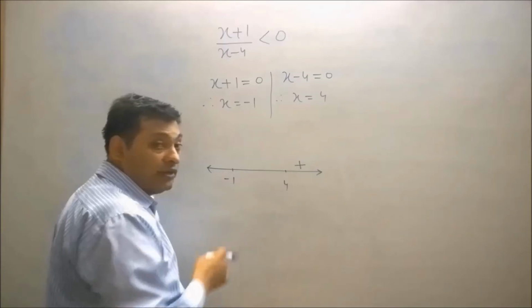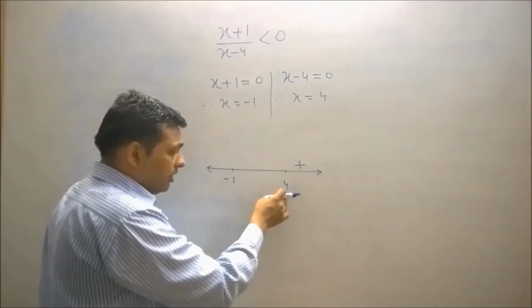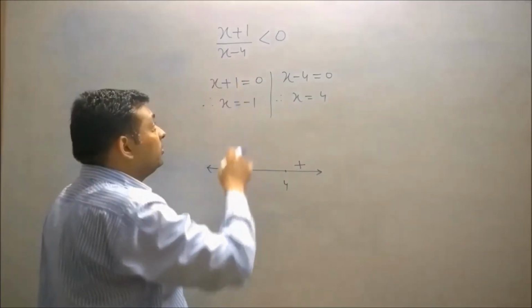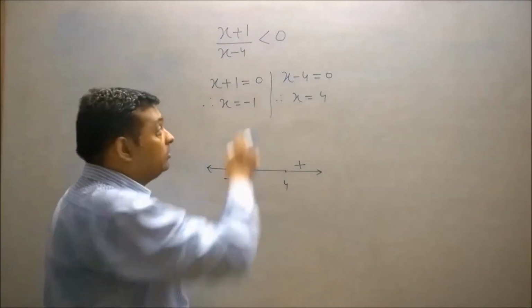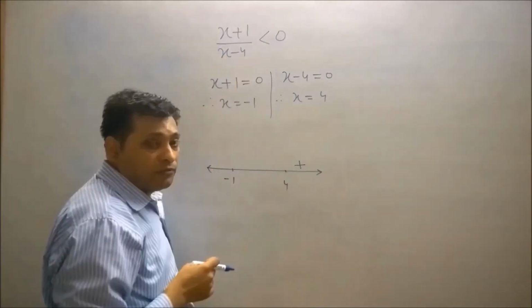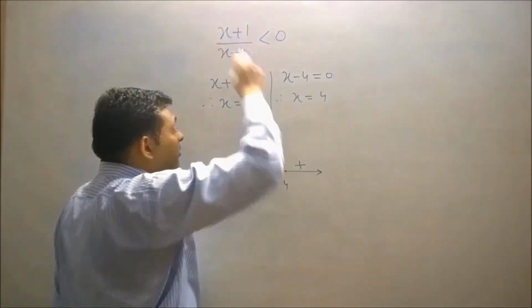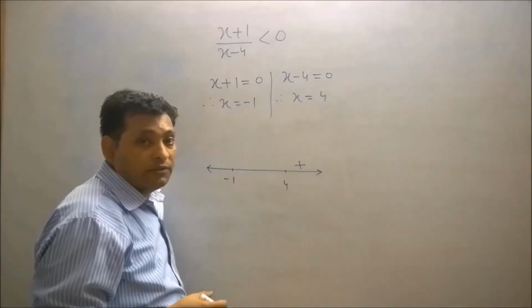I have chosen x = 0. Put this value of x = 0 in the given inequality. 0 + 1 is 1, the numerator is positive. 0 - 4 is -4, the denominator is negative. The numerator is positive and the denominator is negative, which means the left hand side of this inequality is negative.